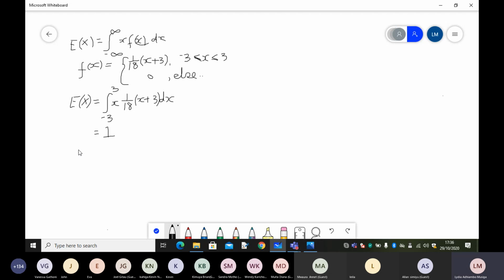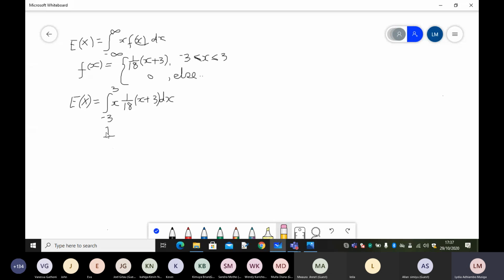And then to get expectation of x squared, of course, I expect you to perform the integrations. Expectation of x squared is equal to the integral. I'll just use the first example so I don't have to write all that afresh.